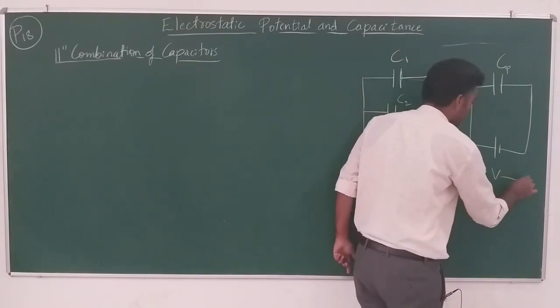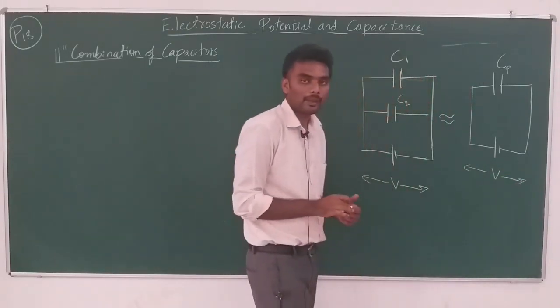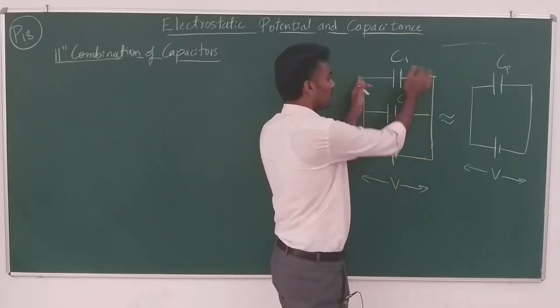The potential difference across the terminals of the battery is V. So V volt, V volt, V volt.